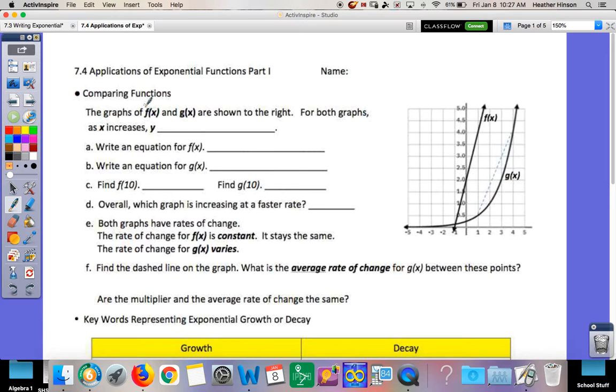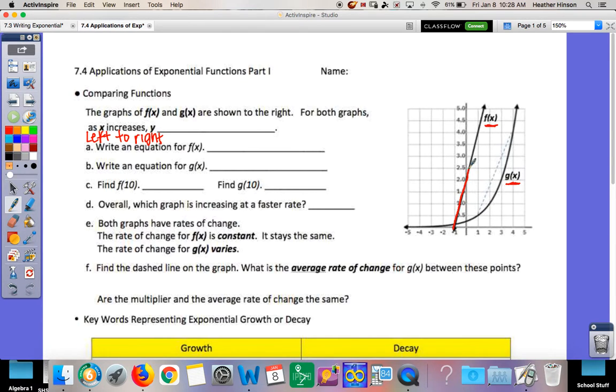look at their graphs. For the graph of f of x and g of x over here, this one's f of x, this is g of x. For both graphs, as x increases, y is what? As x increases just means as you read it from left to right, just like you read a book. So for f of x, if we start on the left, what is y doing?